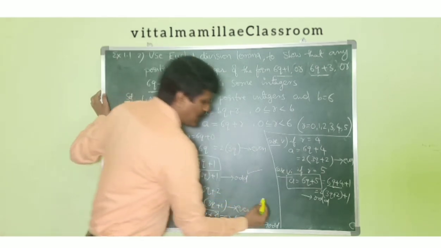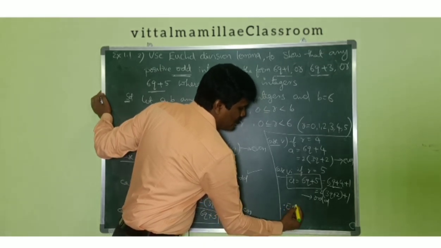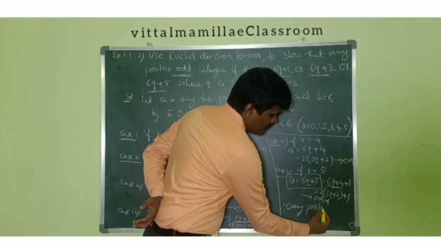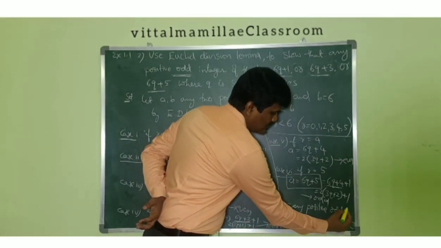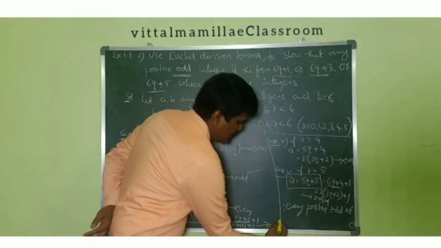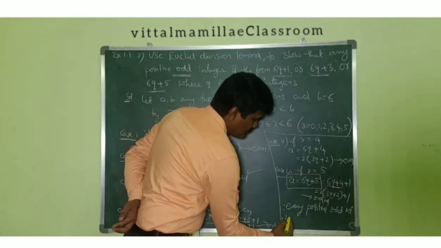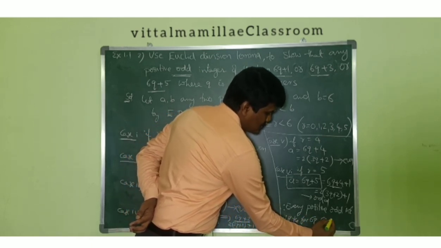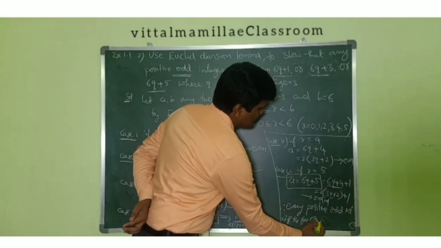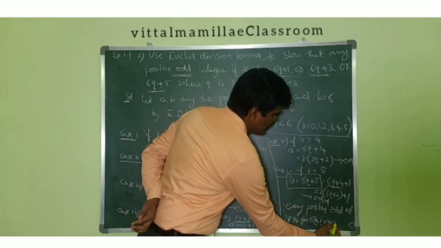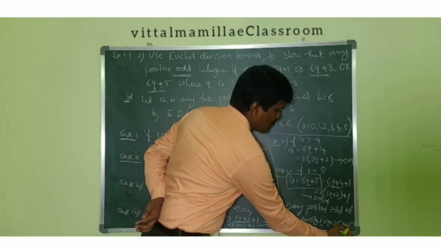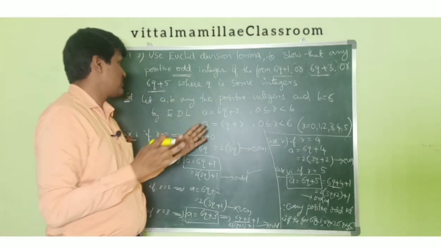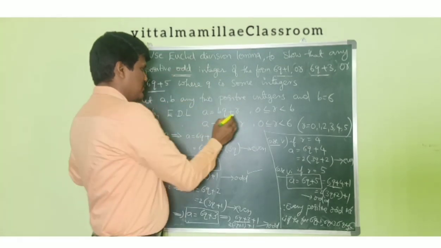Therefore, every positive odd integer is of the form 6q plus 1, 6q plus 3, 6q plus 5. Hence proved.